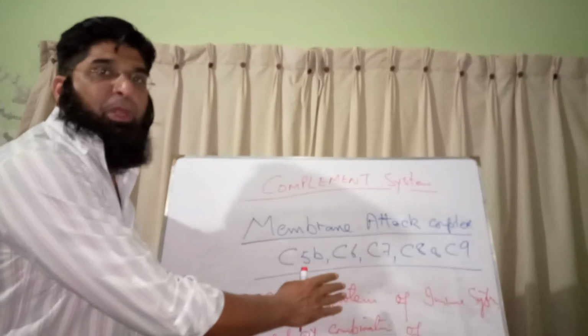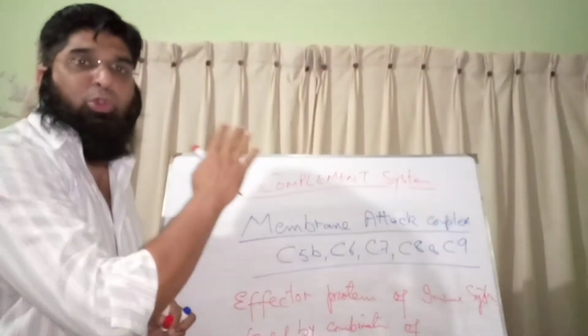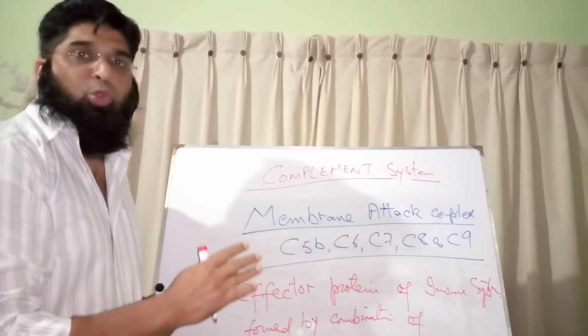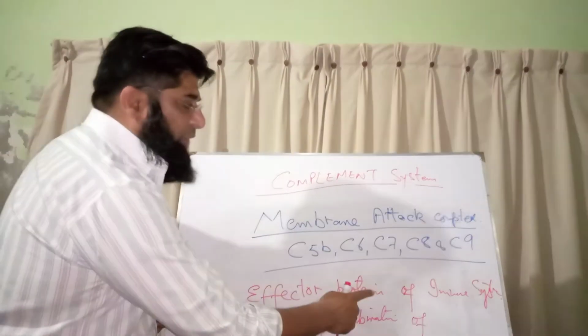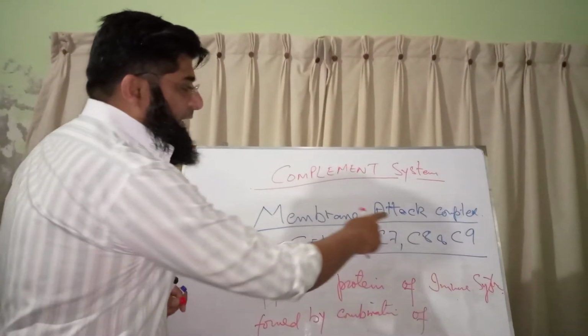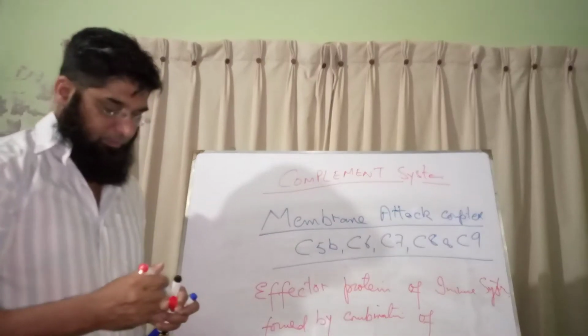These five complement proteins together make up the effector protein called the membrane attack complex.